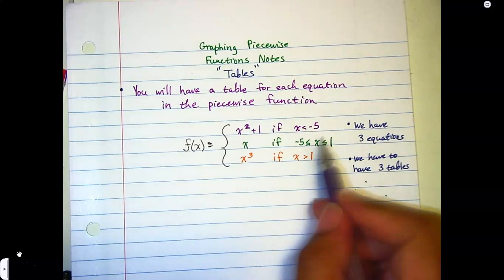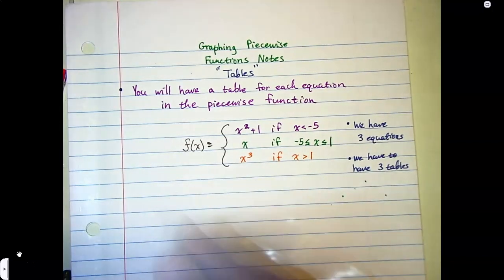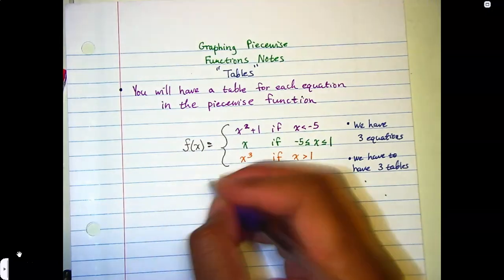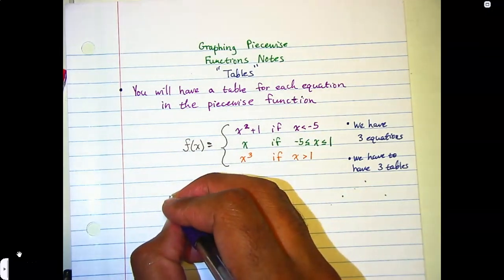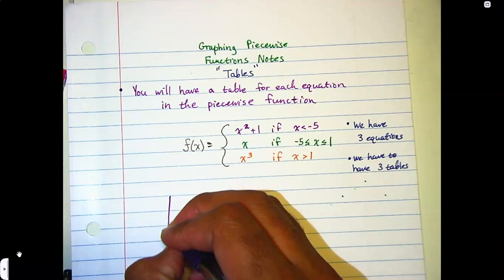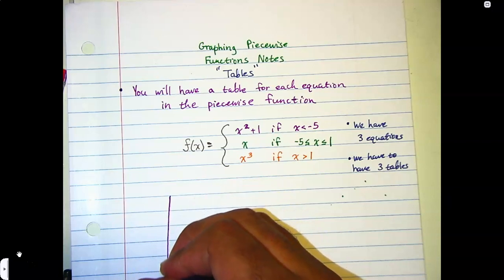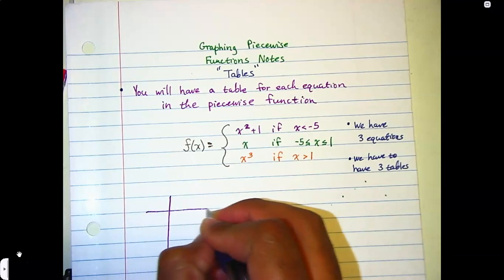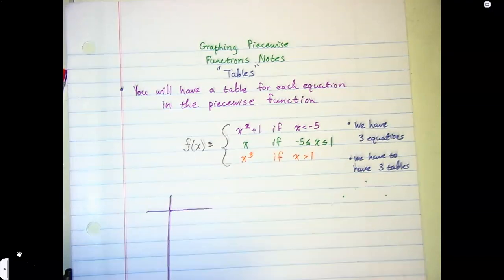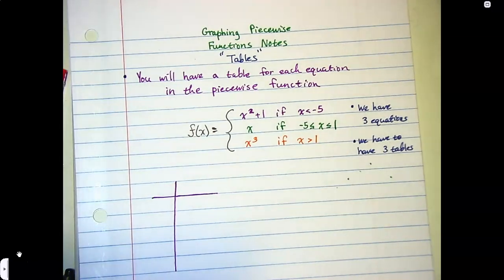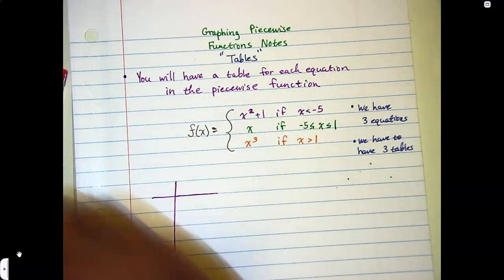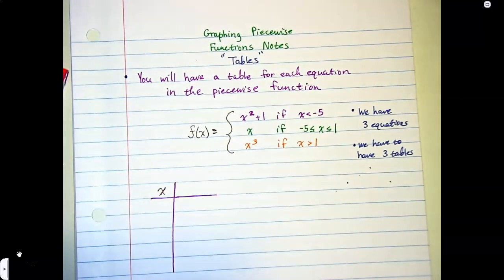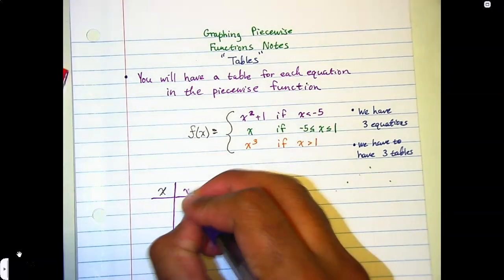With that, each one of these lines right here, I'm going to make a table for it. And I'm going to, again, color coordinate it. So I'm going to start off with this one first. And here I'm going to put the values. So I get x right here, and I get x squared plus 1 here.